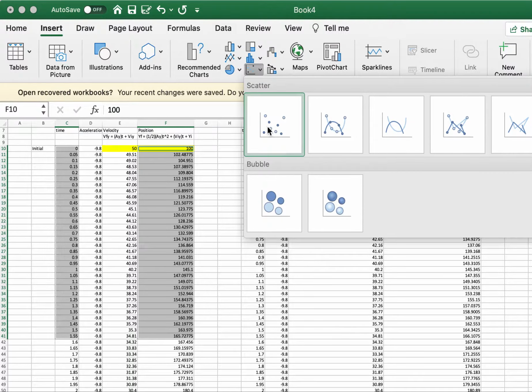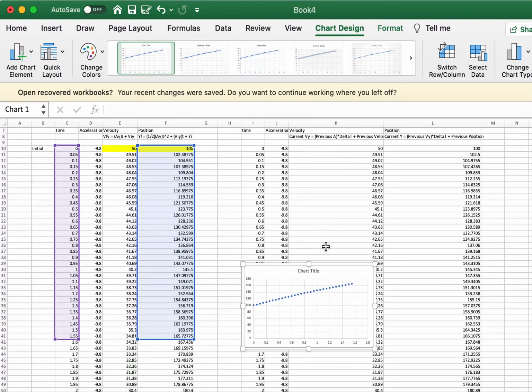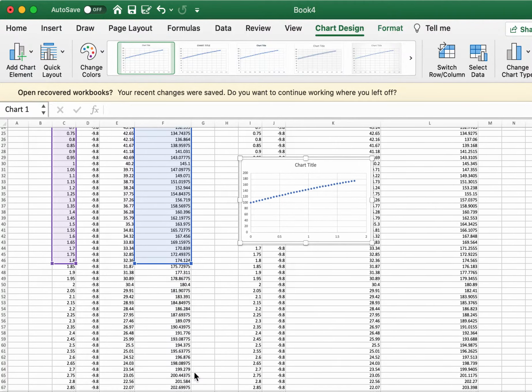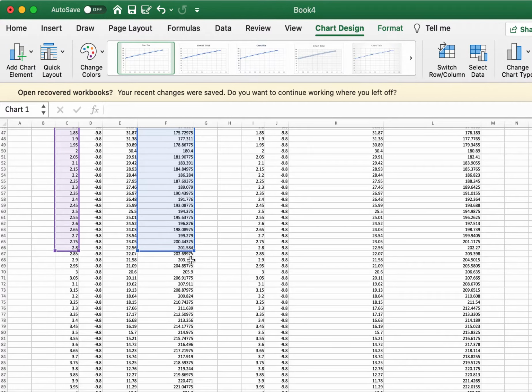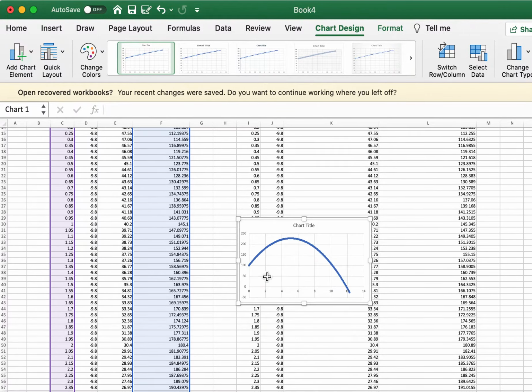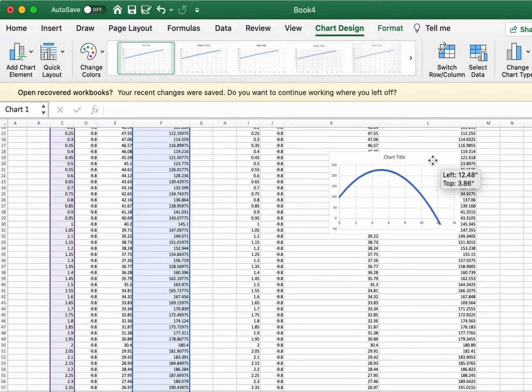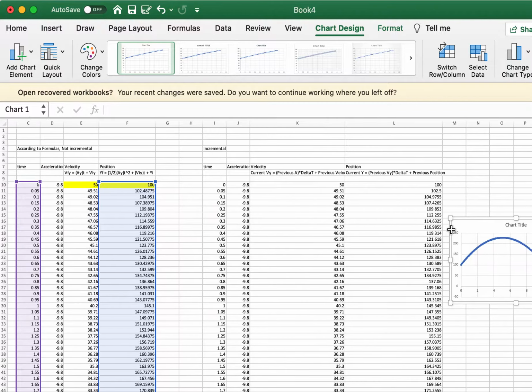Let's see, scatter plot. All right, yeah, I mean, that's pretty good. So this is the position graph. All right, so there's that one. I'll put it like over here or something.